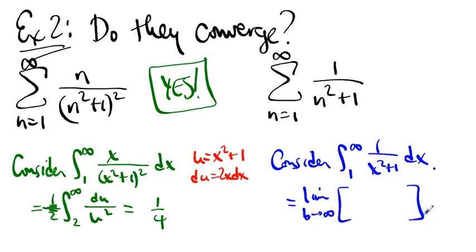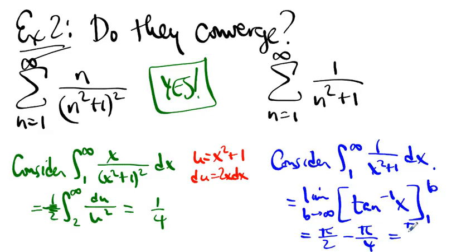So instead, let's just consider that we already know what the antiderivative here is. That's inverse tan of x. So what happens with that? We get the inverse tan of infinity. Well, what happens to the inverse tan graph as x gets large? It gets closer and closer to pi over 2. And we already know the angle whose tangent is 1.